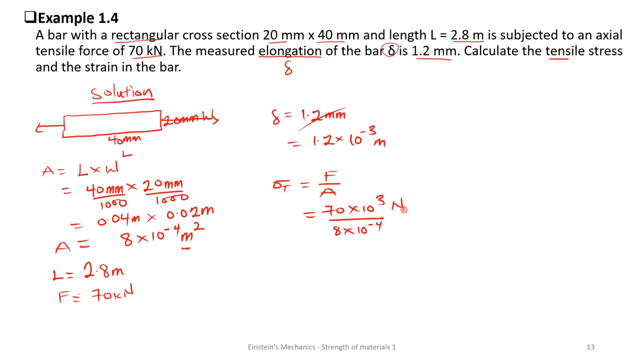So we have newtons and meters squared. Our final tensile stress is 87.5 megapascal, or 87.5 mega newton per meter squared. That's the tensile stress.